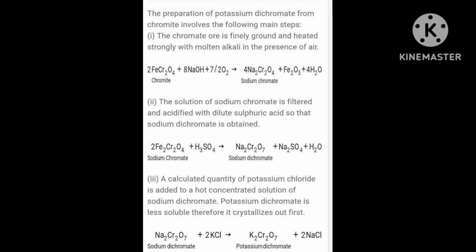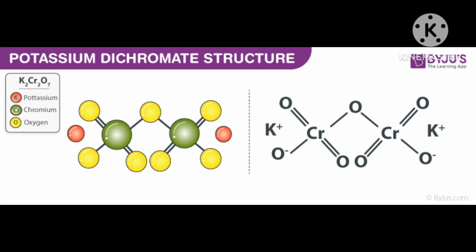In the beginning it was K2MnO4 with MnO4 2-, which is only manganate, but here MnO4 is 1-, so it is permanganate.